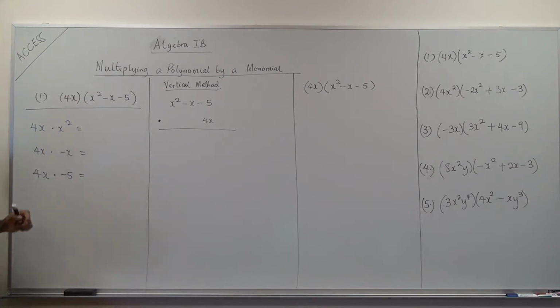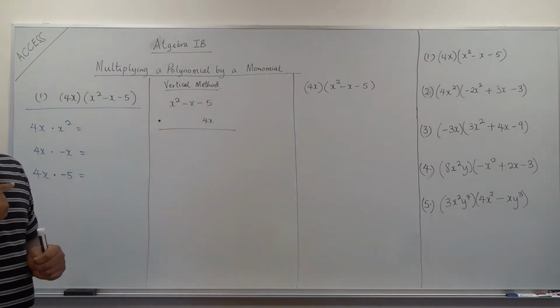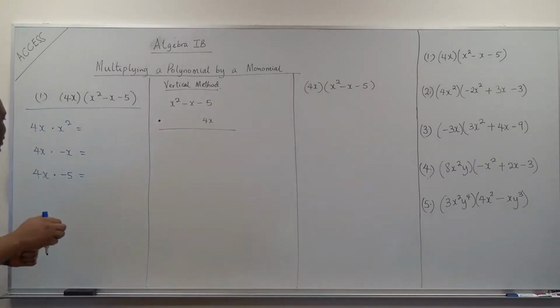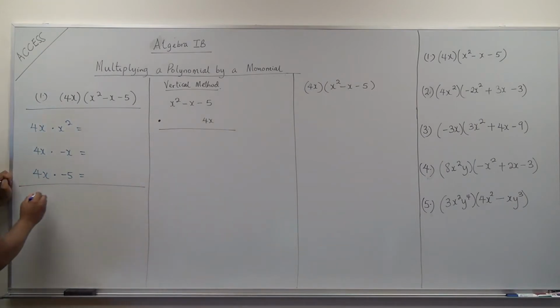In the multiplication, it's good to also look at the rule of exponents. Remember, if we have 4x times x squared, it is the same thing as saying 4 times x times x squared. Of course, x is x to the 1 here. This is 4 times x to the 1 plus 2.